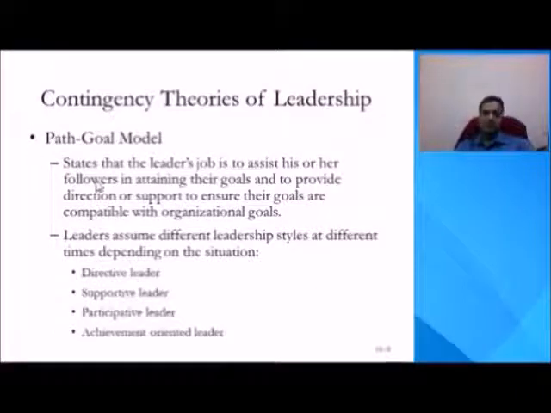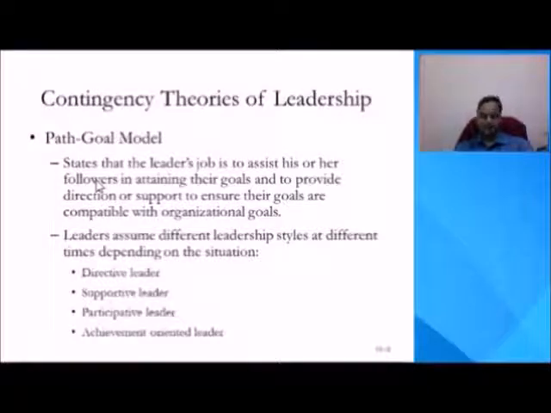So here the path goal model again goes a little bit forward in understanding the fact that a follower is an individual. That individual has their own ambitions and aspirations, and the leader should be empathetic to the ambitions and aspirations of the followers, and should align the organizational goals in such a manner that the followers, while they attain their personal goals, would in turn ensure that the organizational goals are achieved.